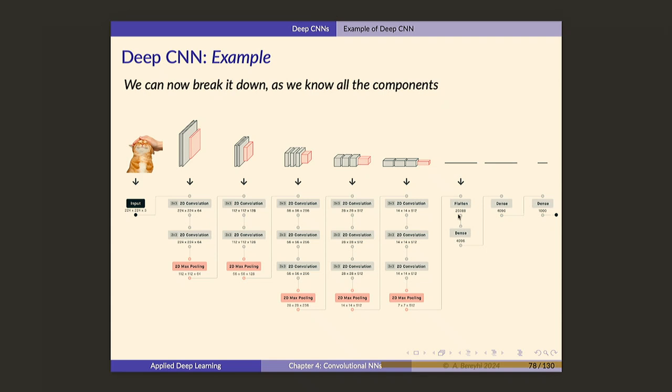And this is exactly the size of the input to your fully connected layer here. And then after that, you're passing it into a dense layer. By dense, it simply means fully connected, the same thing you had in chapter 2. This is your first hidden layer, and it has 4,096 neurons.